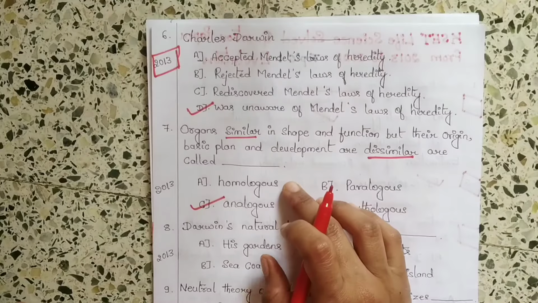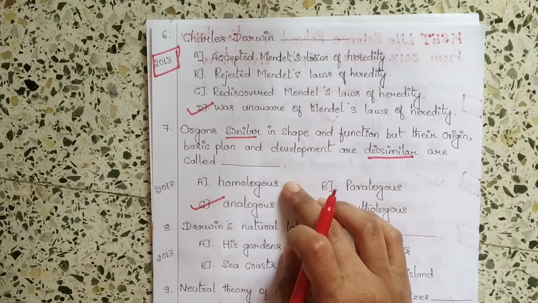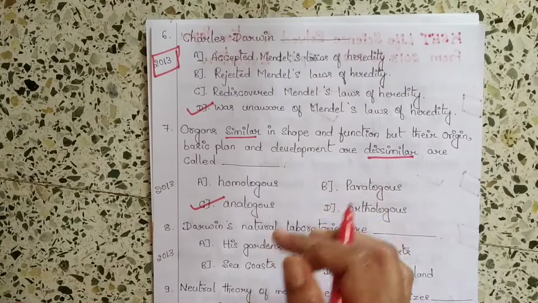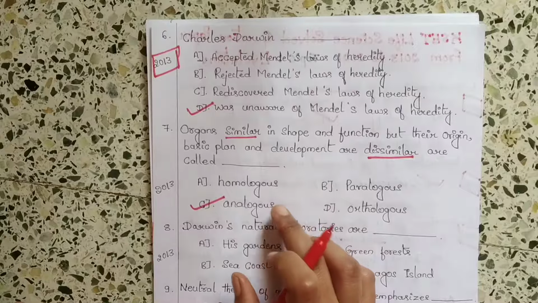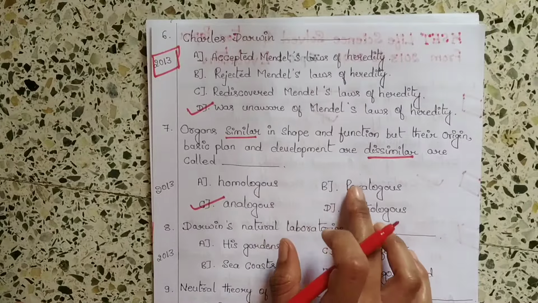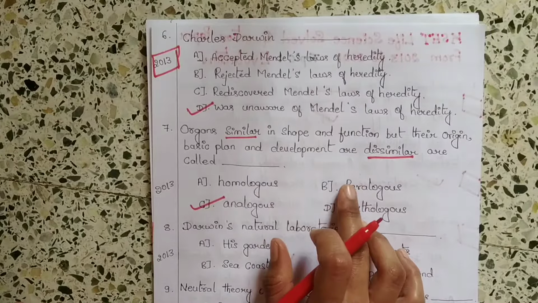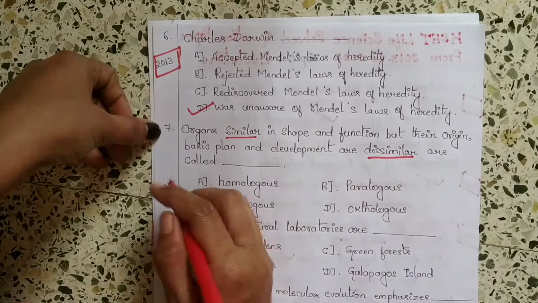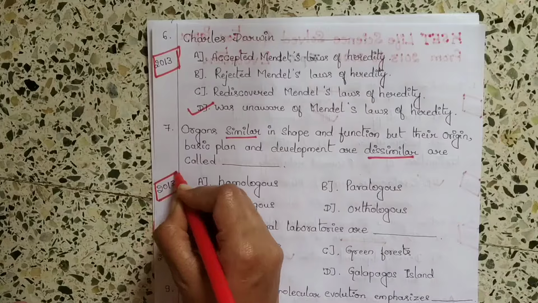Homologous organs means organs which are dissimilar in shape and function but their origin is similar. Those are called homologous. Analogous is the opposite of that: organs similar in shape and function but their origin, basic plan and development are dissimilar, which was asked in the year 2013.